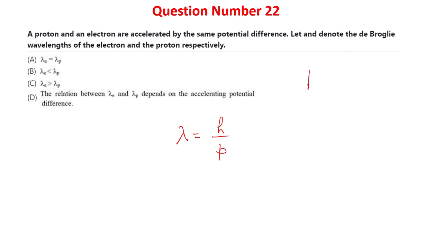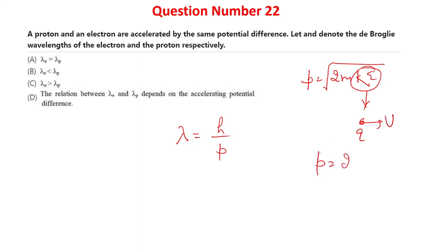And momentum in terms of kinetic energy is given by the square root of 2m into kinetic energy. Since kinetic energy for a charge q accelerated under V volt is qV, momentum is equal to the square root of 2mqV. So lambda is h upon the square root of 2mqV.